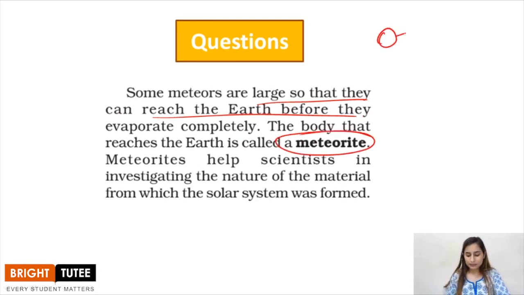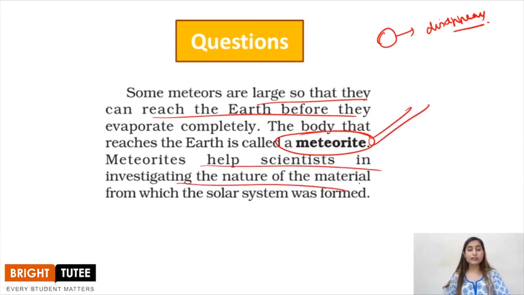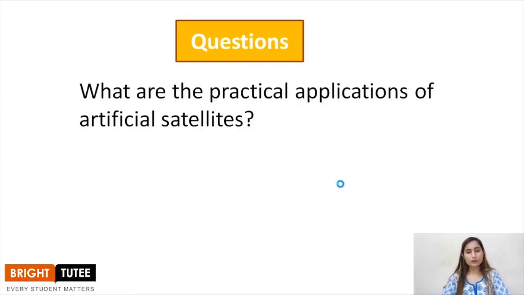A meteor is something that disappears in the atmosphere itself and it looks like a shooting star. But if that meteor is large enough and it reaches the surface of the earth, then that body that reaches the earth is known as meteorite, right? Meteorites help scientists in investigating the nature of the material from which the solar system was formed. They are also helpful to us because they give us information regarding the nature of the material from which the solar system was formed, right?